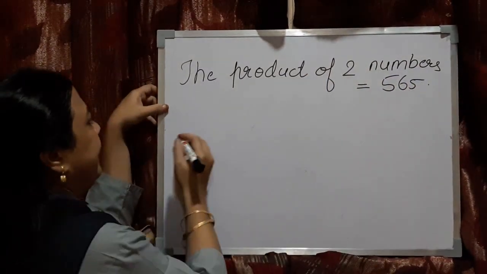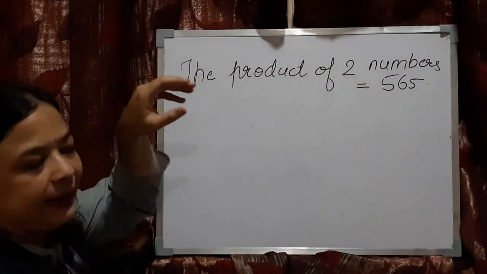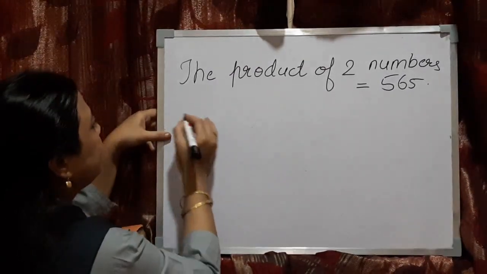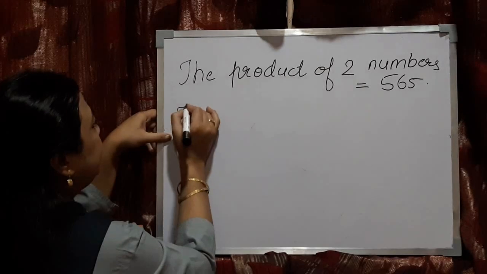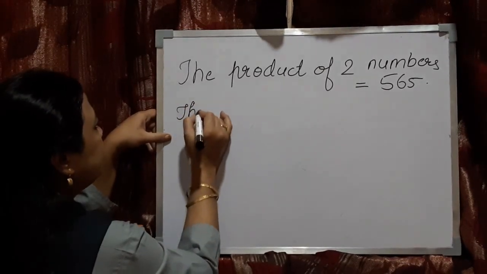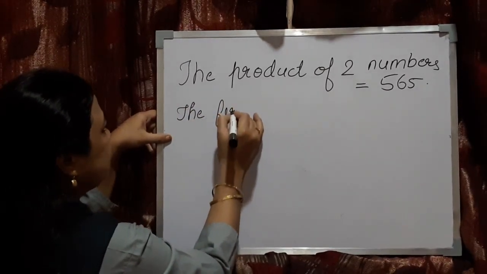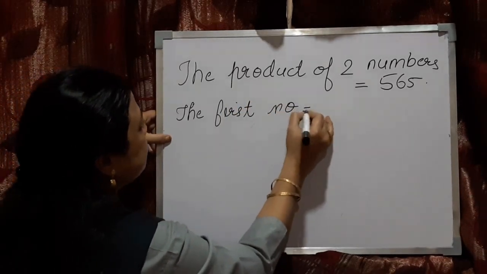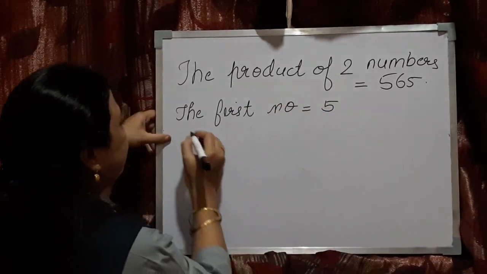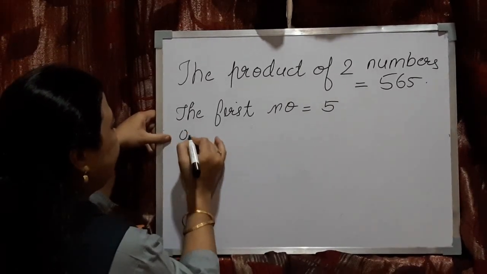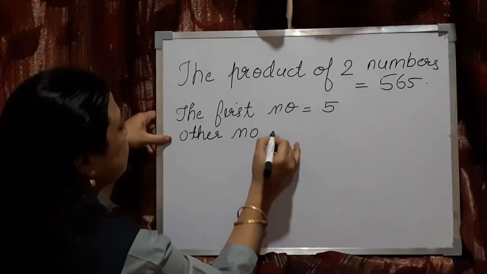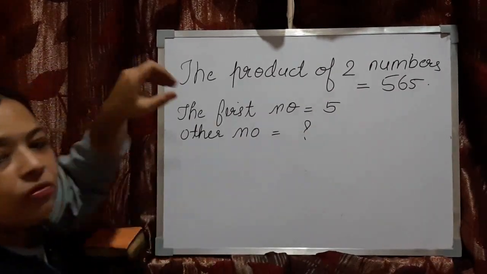The first number is what? 5, and we have to find out the other number. So you can write down here the first number is 5, so the other number we don't know. That we have to find out.